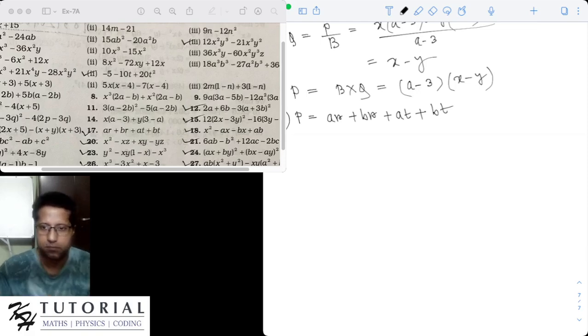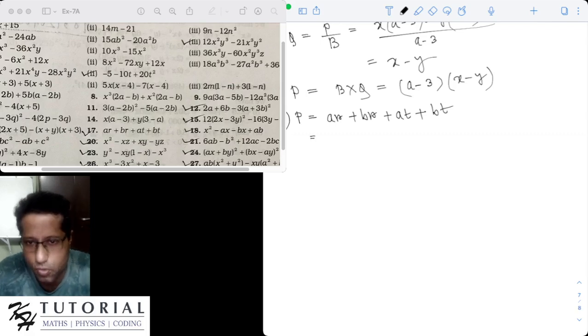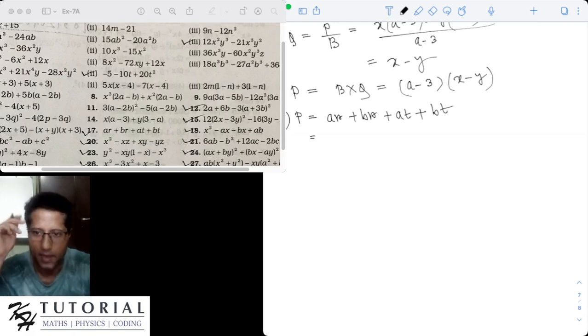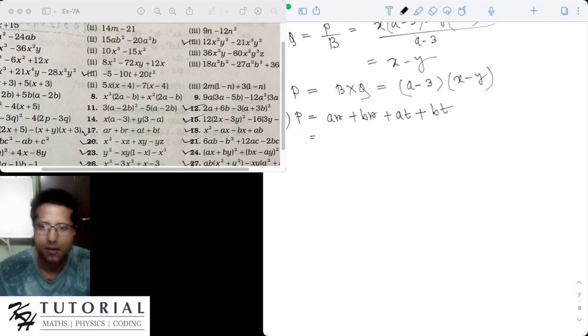We will now try to group the terms so that each group will have a common factor. If you group AR plus AT, you can factor out A and you will have A into R plus T. So you have to observe all the terms and figure out how to do the grouping.